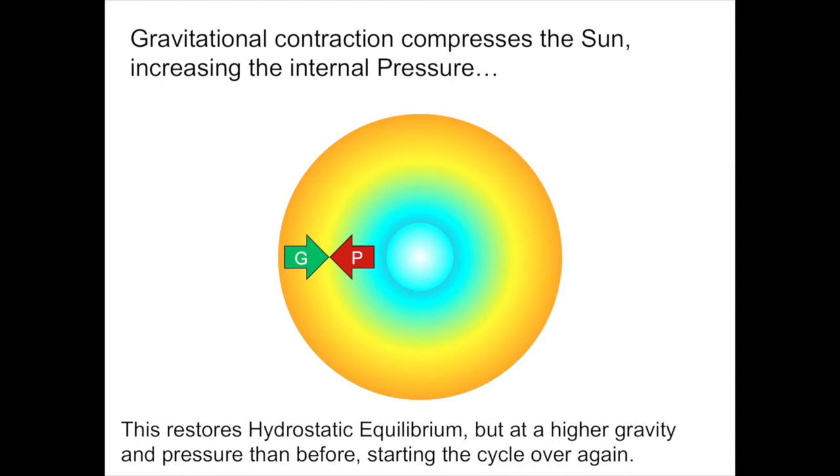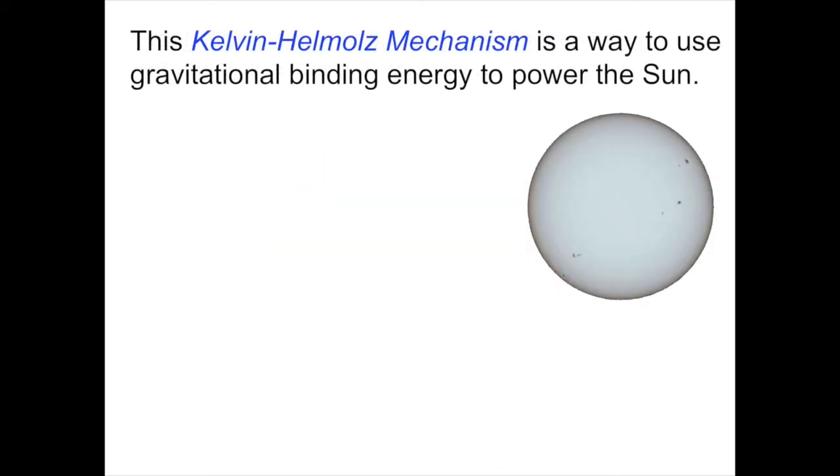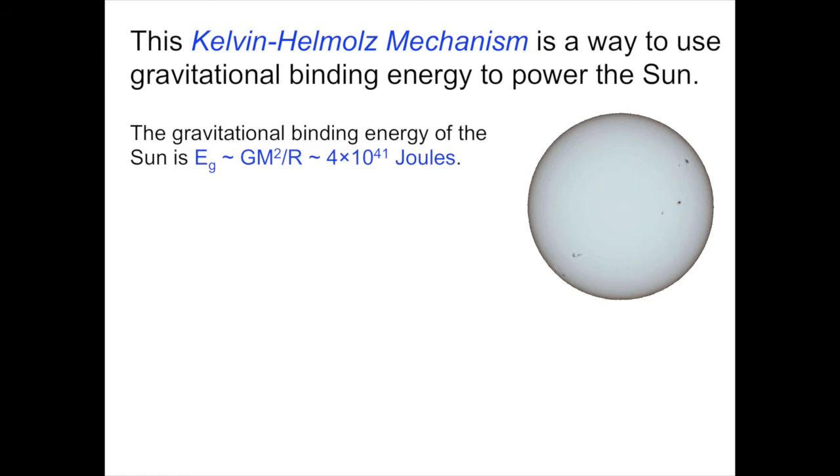The star will contract just enough so that the energy lost is exactly made up by the higher gravitational binding energy. This particular mechanism for generating energy through tapping gravitational binding energy in a slowly contracting star has a name. It's called the Kelvin-Helmholtz mechanism. The Kelvin-Helmholtz mechanism is a way to use gravitational binding energy to power the sun.